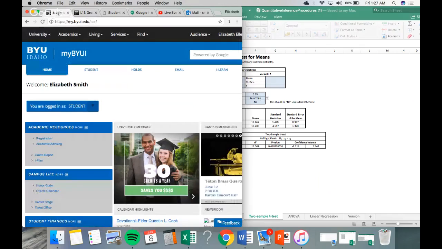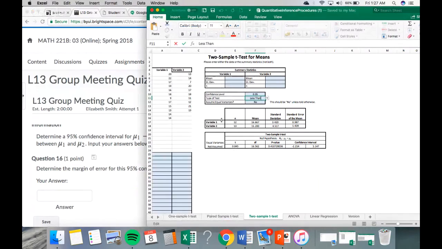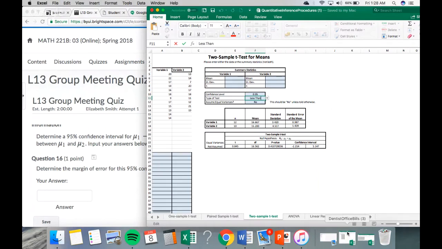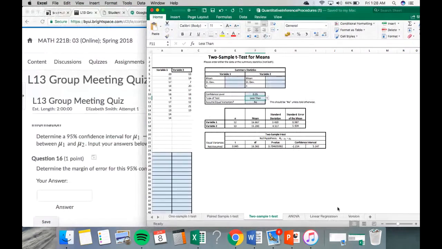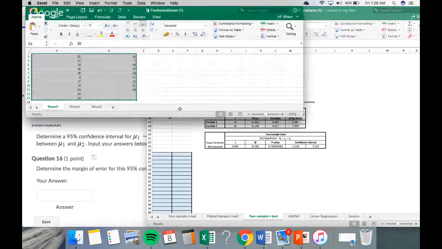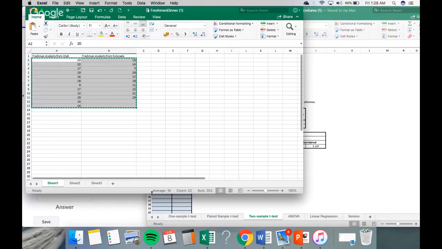M1 equals the mean number of times a month for the Colorado people, and M2 equals the mean for Utah students. Oh wait, no, we're subtracting Utah from Colorado.